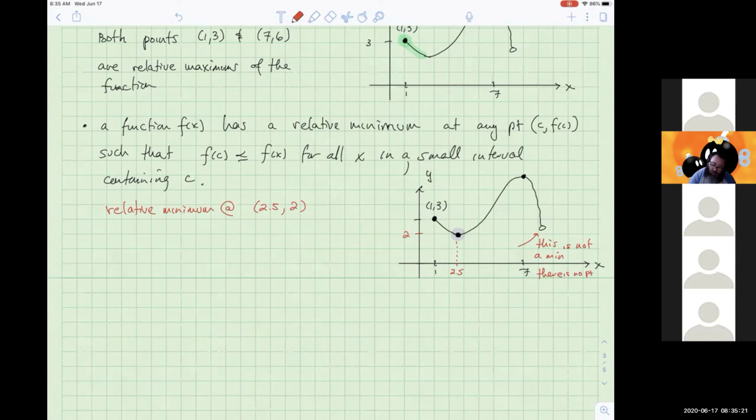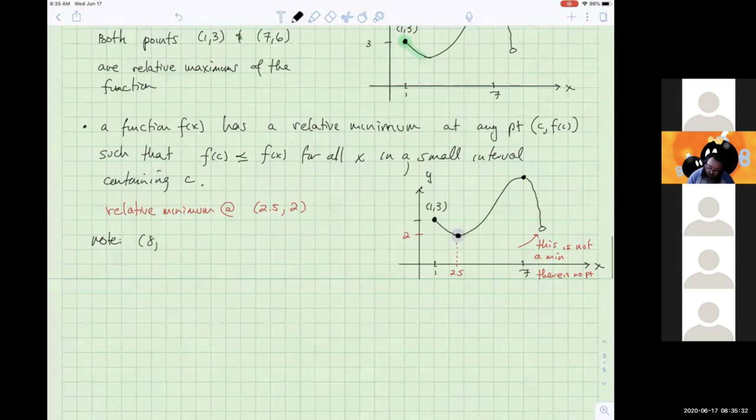So we want to note, that would have been something like 8, 2.5. Note 8, 2.5 is not a minimum, as there is no point at the open dot. So watch out for that kind of thing.